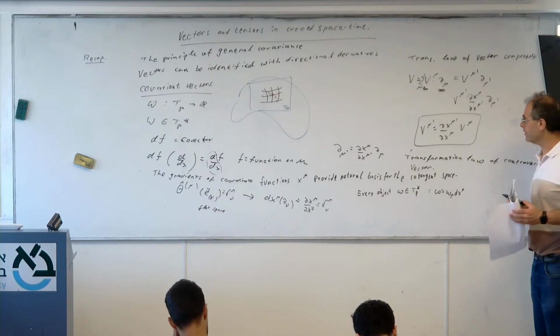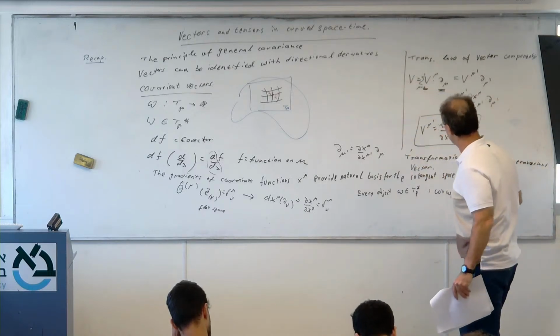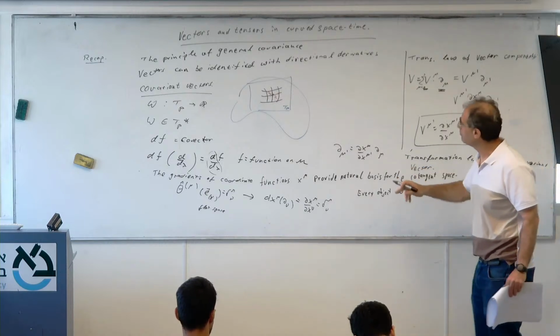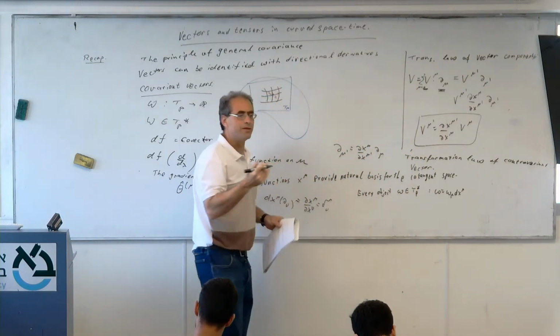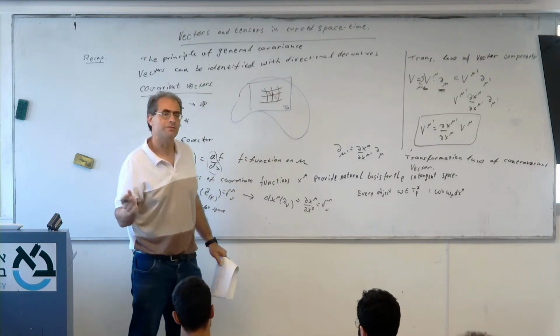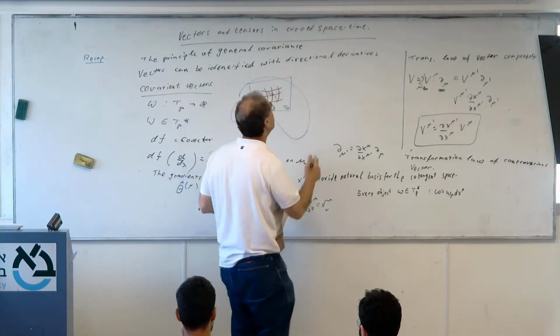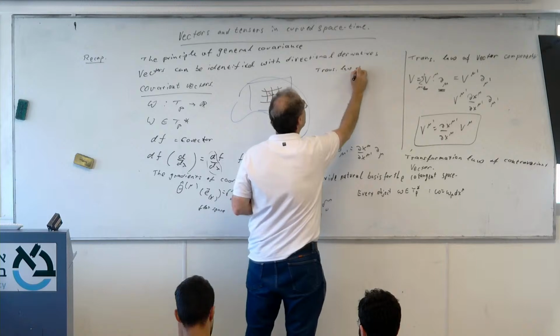And of course, the transformation properties of omega are pretty straightforward, derived from the same transformation law of the coordinates, right? That's really the nice thing about these things. Once you accept that, there is nothing you can do. You're just forced to go through that. So transformation law of the basis vector, transformation law of covector.